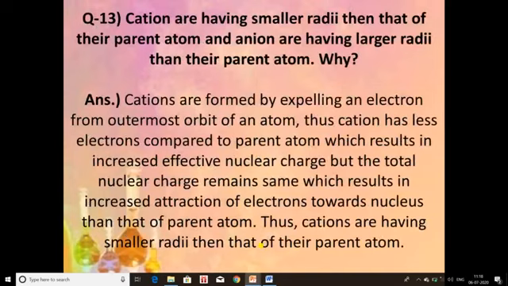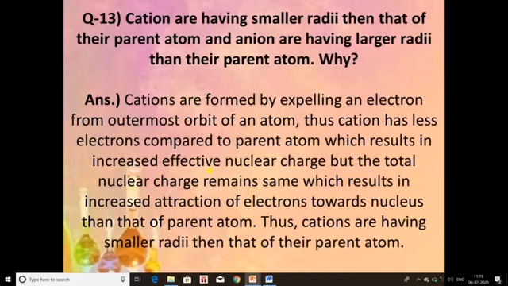Next question: cations have smaller radii than their parent atom, and anions have larger radii than their parent atom. This question was already discussed in the lecture video: cations are formed by expelling an electron from the outermost orbit of an atom.